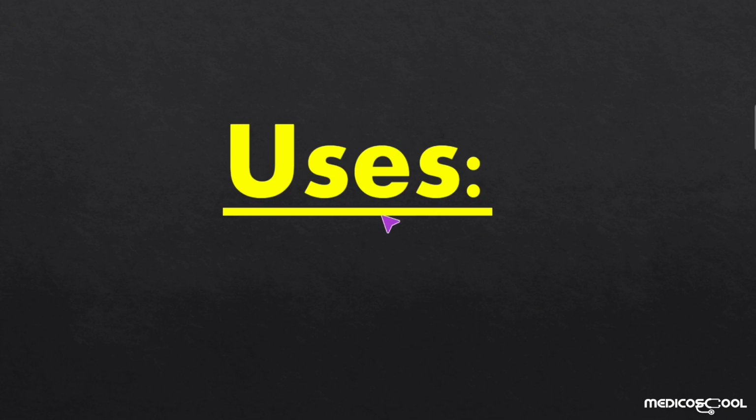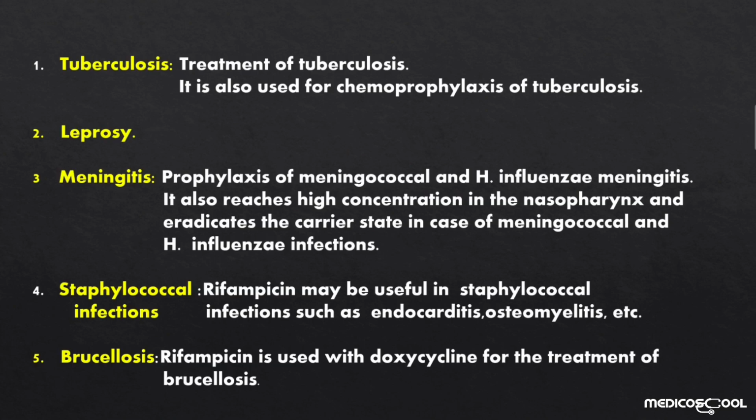Now, talking about the uses of rifampicin or rifampin. Rifampicin can be used for the treatment and chemoprophylaxis of tuberculosis caused by Mycobacterium tuberculosis. It can also be used for the treatment of leprosy. It can also be used for the prophylaxis of Neisseria meningitidis or meningococcal and H. influenzae meningitis.